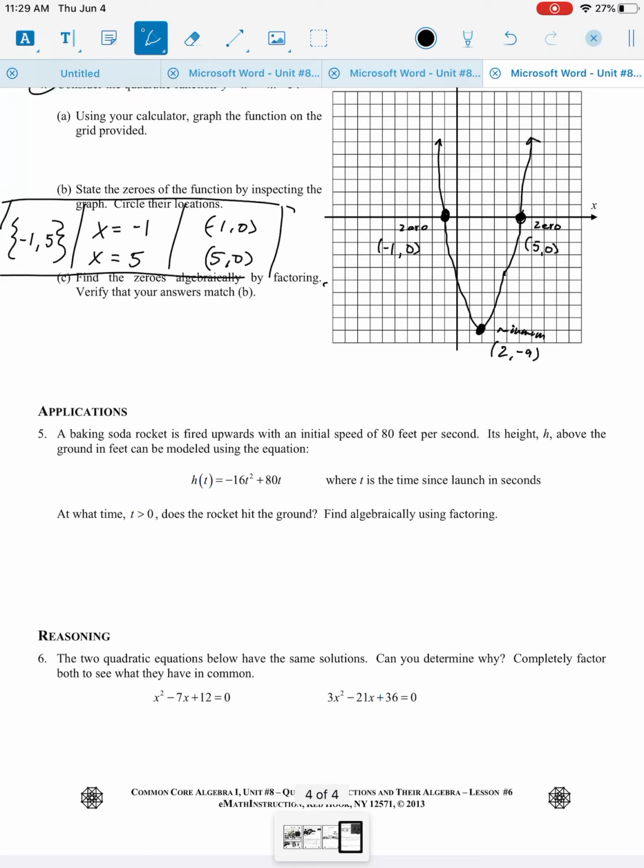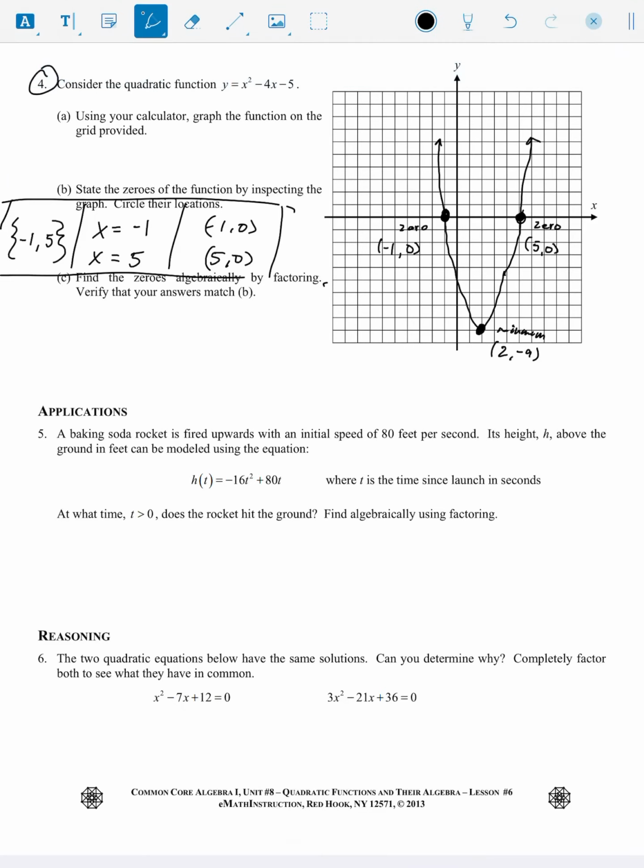Now it says find them algebraically by factoring. Well, let's start with rewriting our function. Y equals x squared minus 4x minus 5. And we know we have a trinomial, and we want to break it down into binomials. We'll start with x and x. And now you'll notice the connection between the graph and the factoring.